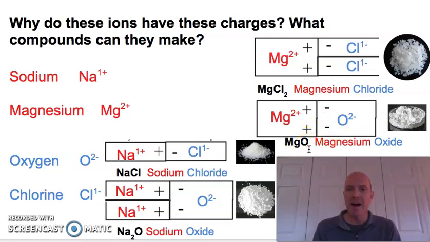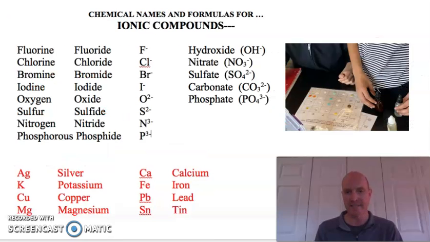So naming them is not so hard. You've got magnesium, the cation always goes first. And then in class, you got a naming chart that looks like this. Just notice the anions have special names.